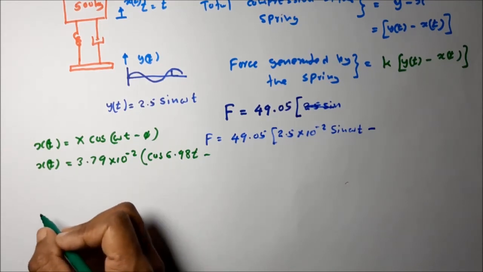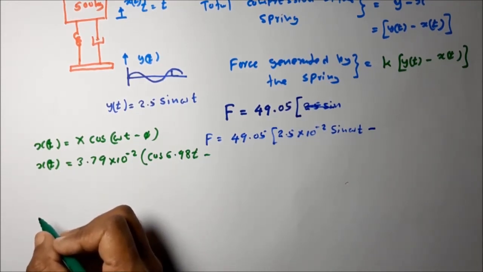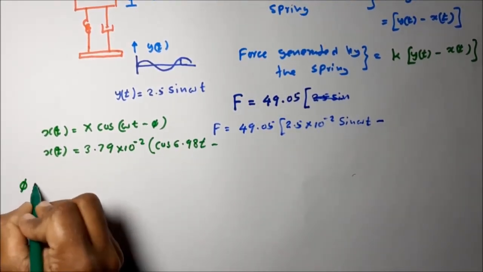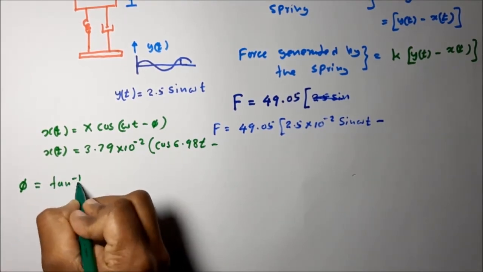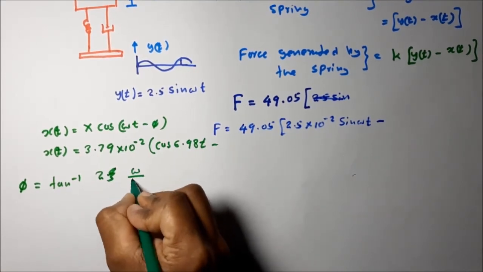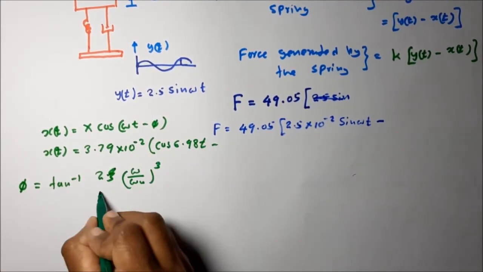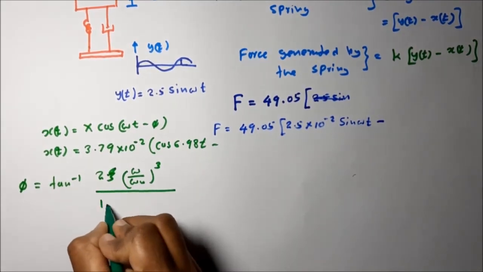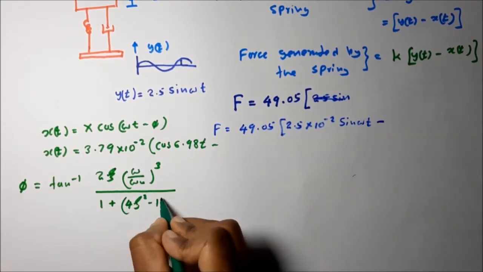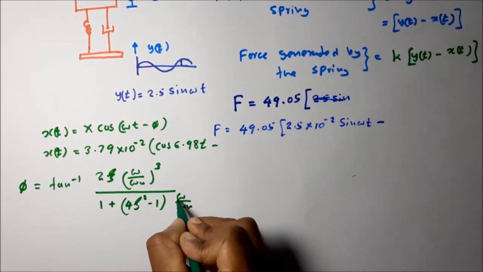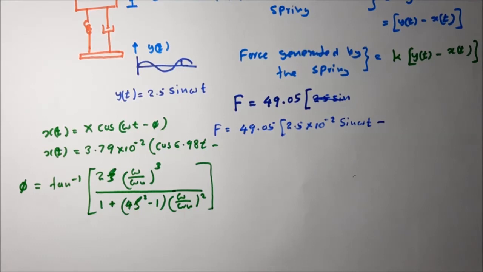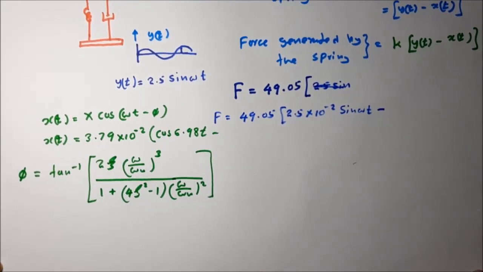What is phi? To calculate phi, we have an equation. Phi is given by tan inverse of 2 zeta omega over omega n, into the cube, divided by 1 plus 4 zeta square minus 1 omega over omega n. This is the phase shift with the base excitation.